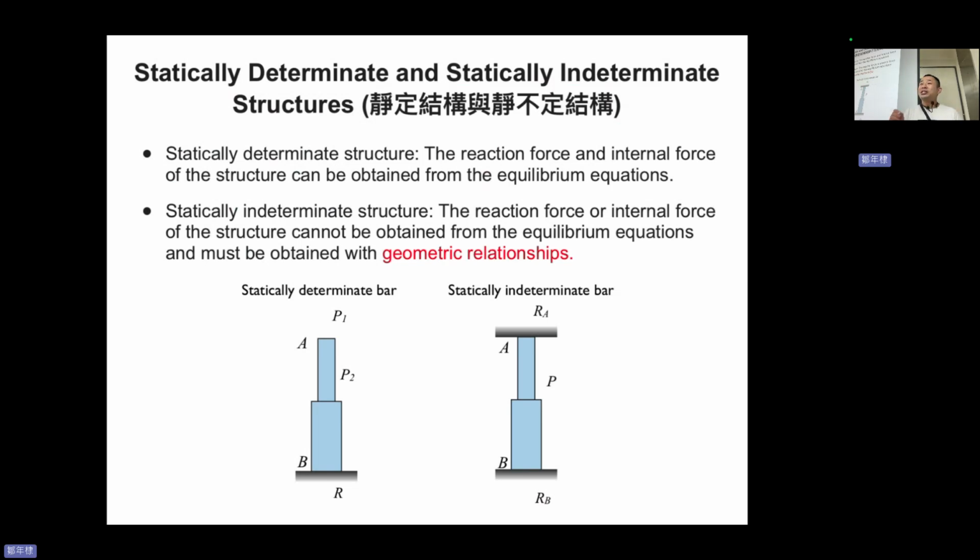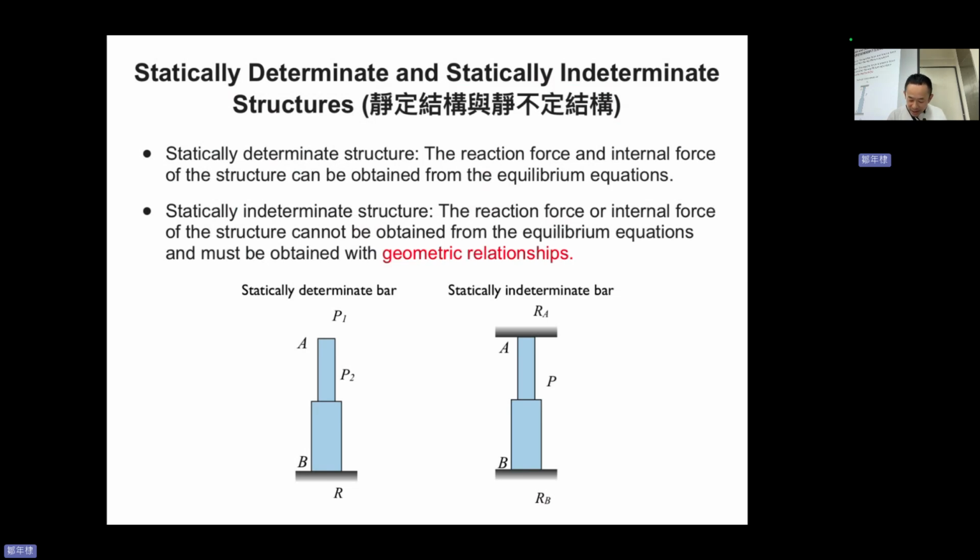If you cannot use statical force balance to determine what you want to determine, you need to use geometry relationship. All right. So that's it. Let me show you an example.